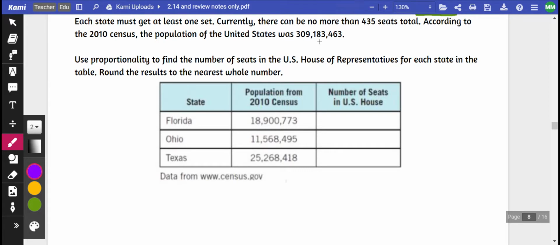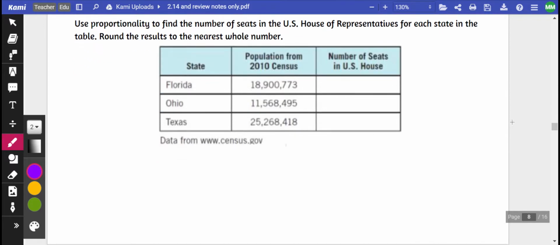According to the 2010 census, the population of the United States was 309,183,463 people. So we're going to use proportionality to find the number of seats the U.S. House of Representatives has for each of the states in the table. And then you're going to round to the nearest number. We're only going to do this for one of the states. So let's go ahead and do it for Ohio.